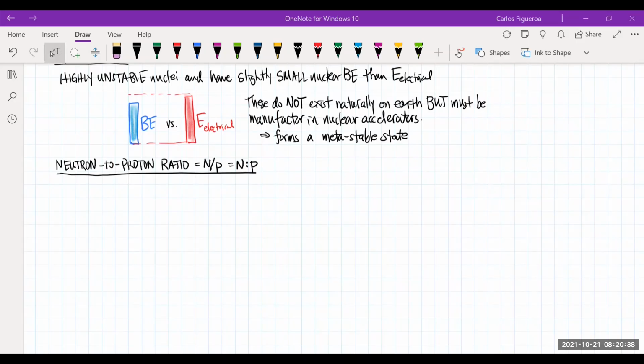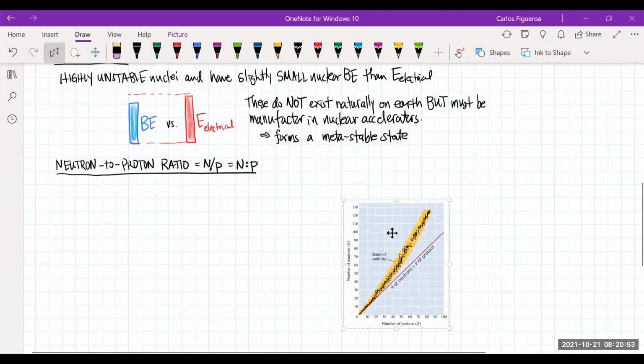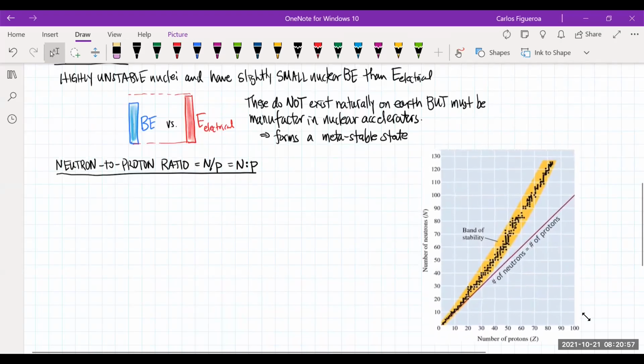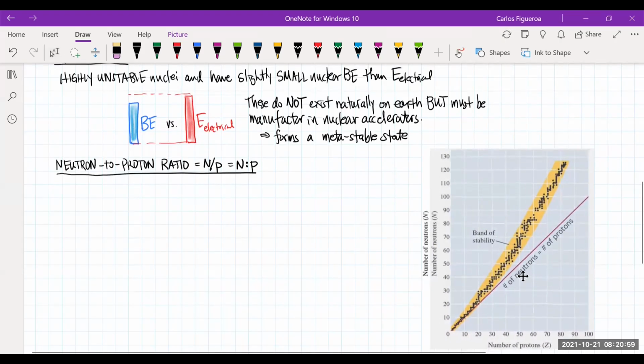So what we want to do here is start by really trying to get a good handle on what is going on. And again, we need that band of stability to really tell us. This time I'm going to make this bigger because we want to look at some of the details.